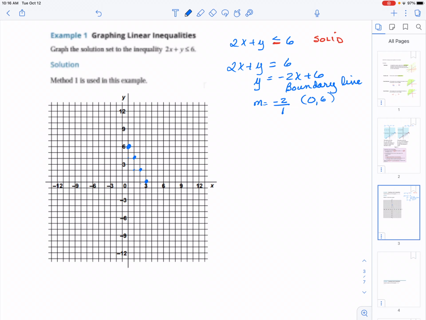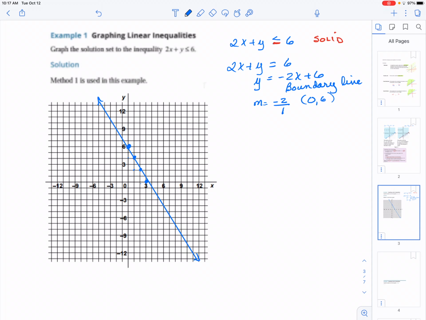And as I sketch this line, I'm going to make it solid. Remember, we've already determined that by looking at that "or equal to." So let me see if I can get that boundary. That's pretty good. It's not great. It's hard to draw these electronically and get them right. Okay, so I've got the boundary line. Yay. And I know I should have it solid, and I do have it solid, so that's good.